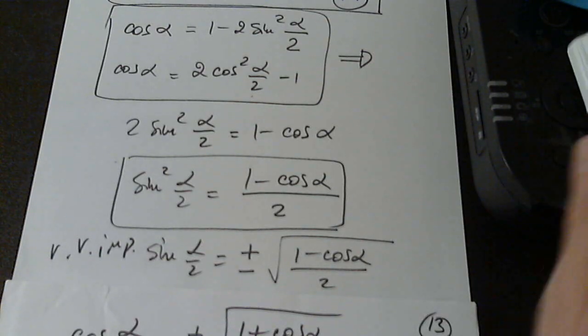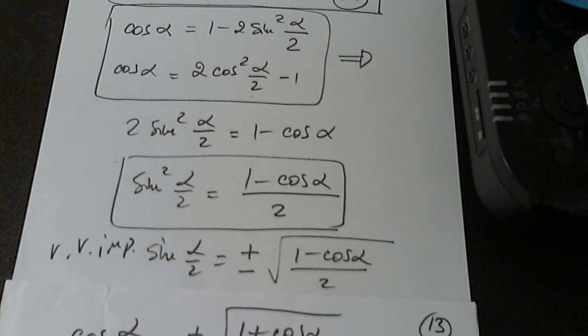As you see, one comes from the other. So now let's see how we use these. Of course, you can write this formula as one single square root: plus or minus the square root of (1 minus cosine alpha) over (1 plus cosine alpha).